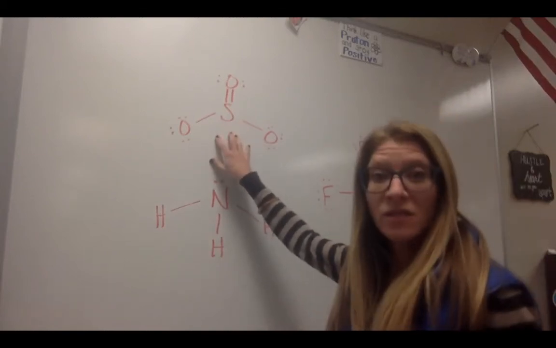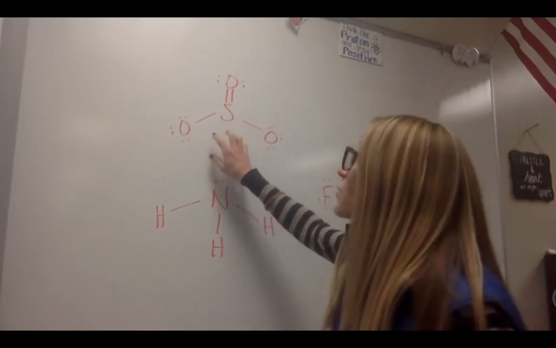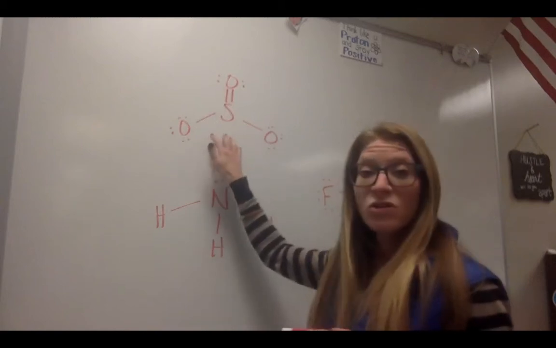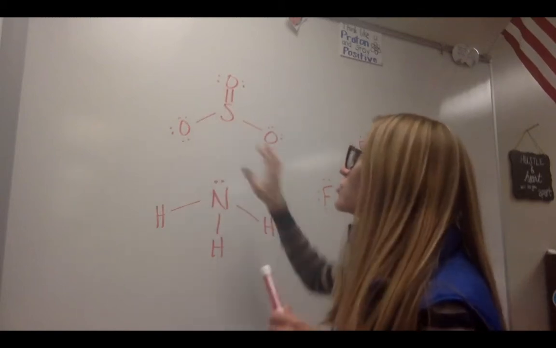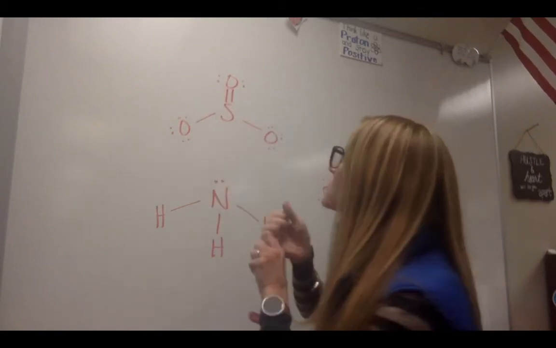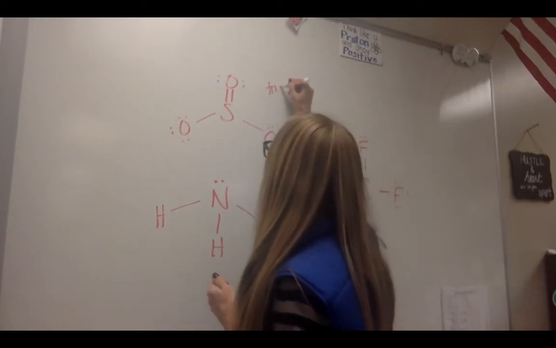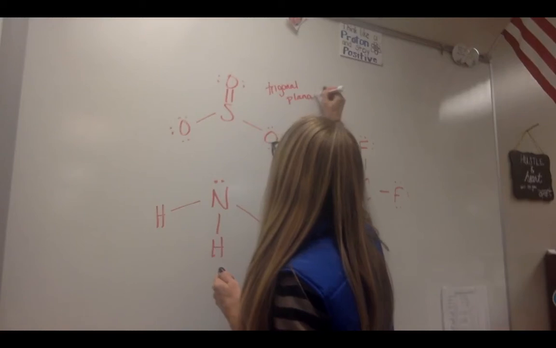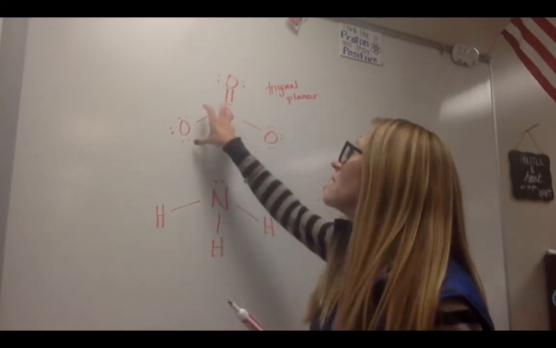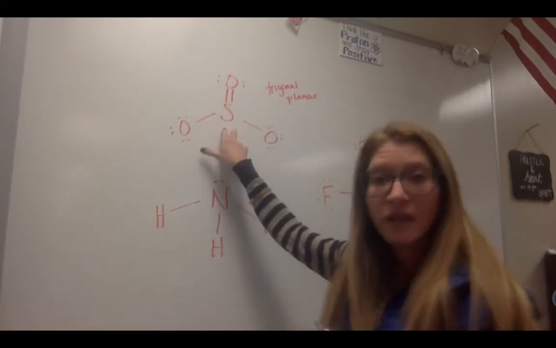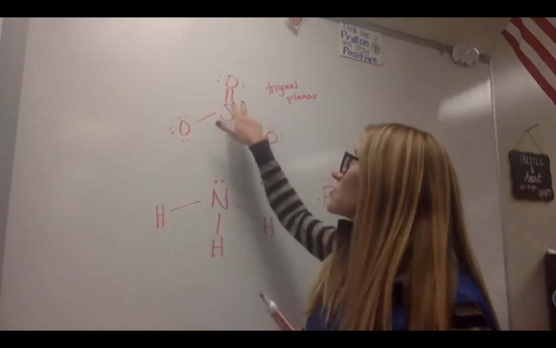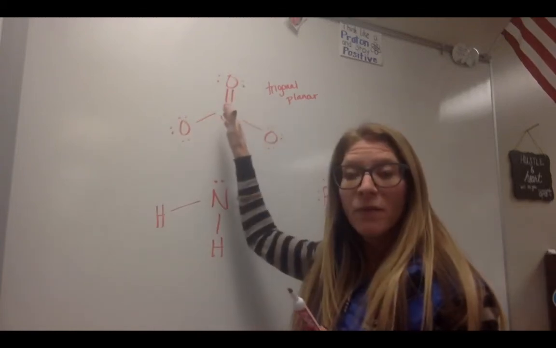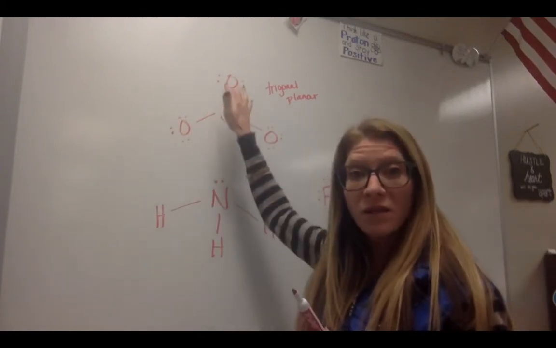SO3, this is the structure for SO3. This is where the shape really comes into play in your drawing. This shape is trigonal planar. Because sulfur does not have any extra electrons, these three oxygens are going to pull equally on the sulfur.